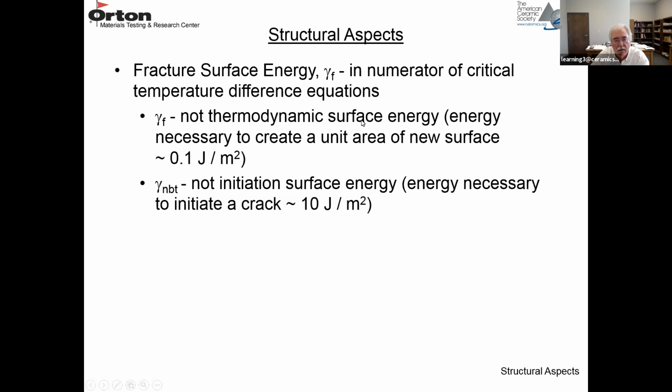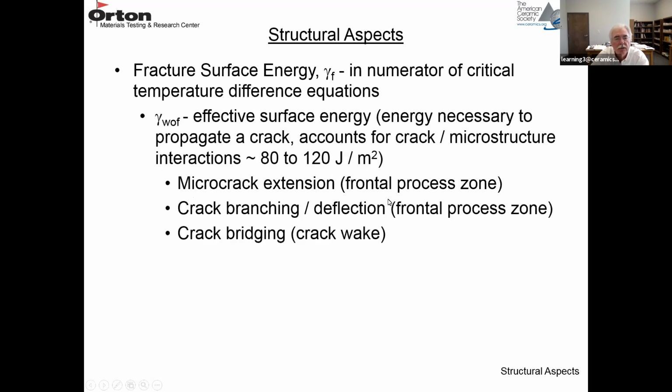So we have a thermodynamic surface energy, a crack initiation surface energy, and then we have a surface energy that is necessary to propagate a crack. So that's gamma WOF, which is work of fracture. So this surface energy is what is in those critical equations.